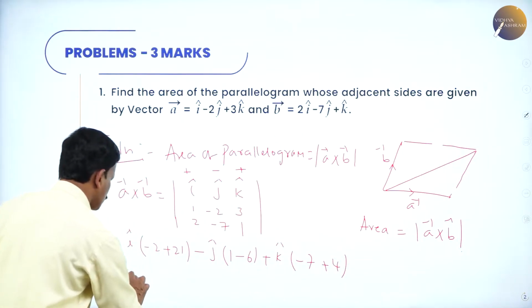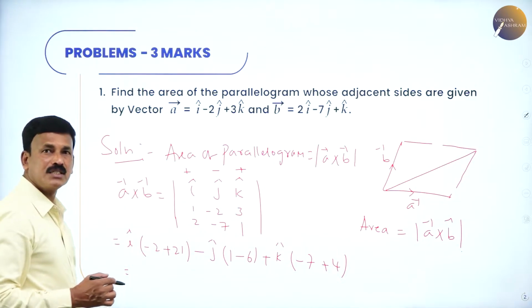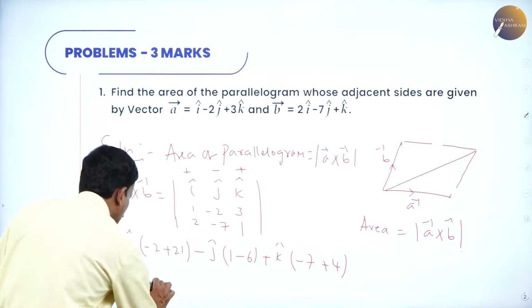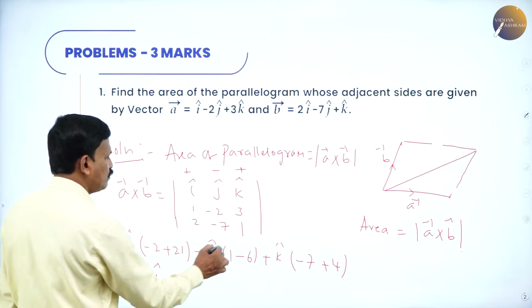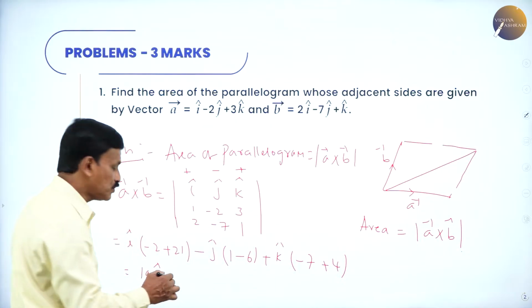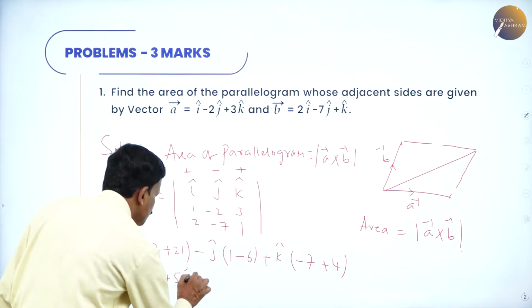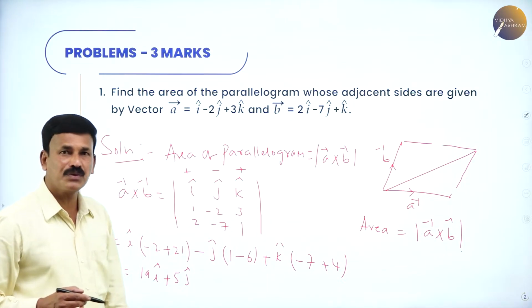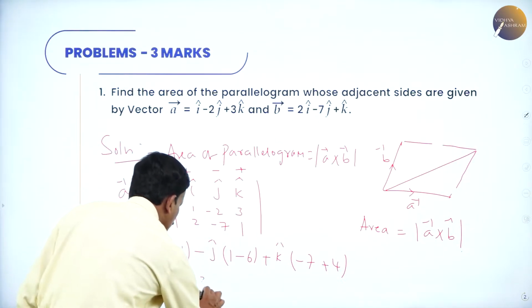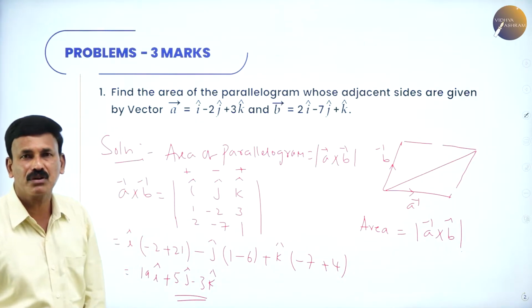So this is equal to 21 minus 2 is 19 i cap. Again 1 minus 6 is minus 5, minus into minus it is plus 5 j cap, minus 7 plus 4 is minus 3, minus into plus it is minus 3 k cap. This is A cross B, the cross product of A and B.